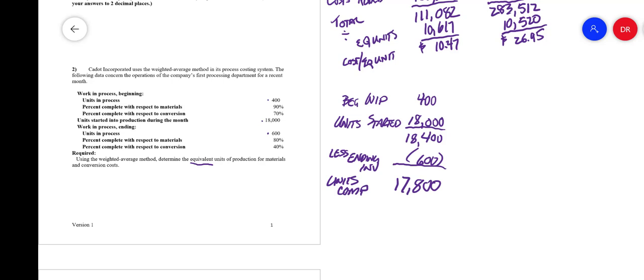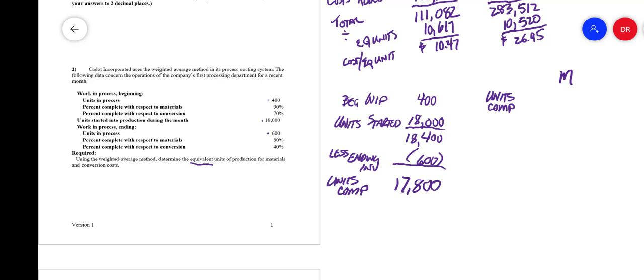Now when we're calculating the equivalent units, we're going to start with units complete for materials and conversion. We're going to have two separate calculations because we have the percentages here that are different for each.